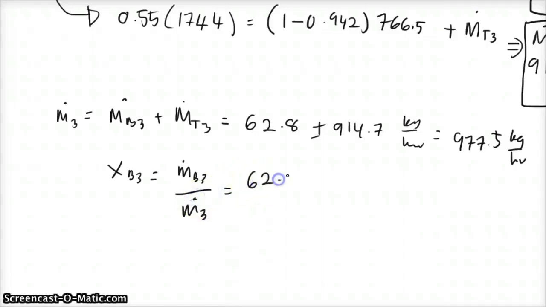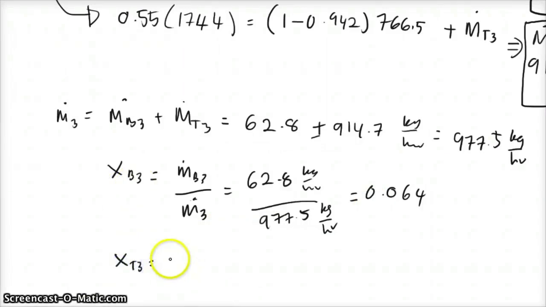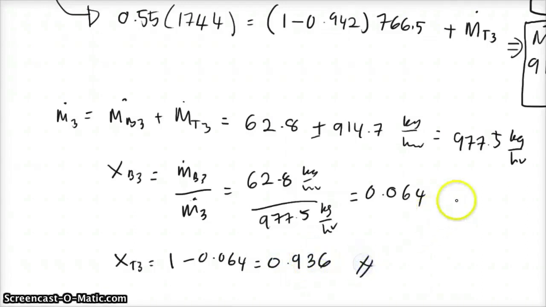So 62.8 kilogram per hour over the total 977.5 kilogram per hour. So in the end is 0.064. Well, that's for XB3, and XT3 is, since there's two compounds only, 1 minus 0.064, and you get 0.936. So yeah, that's all for this example.